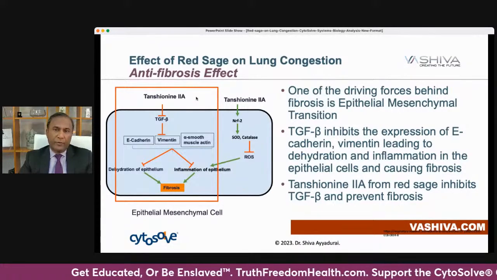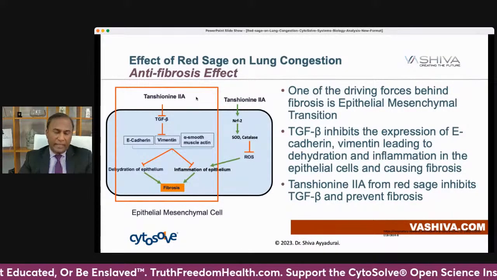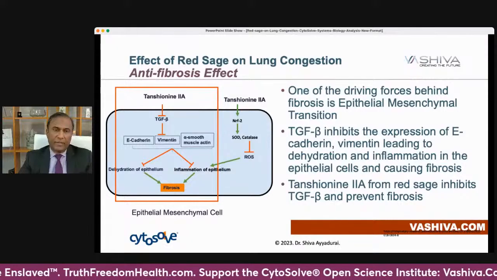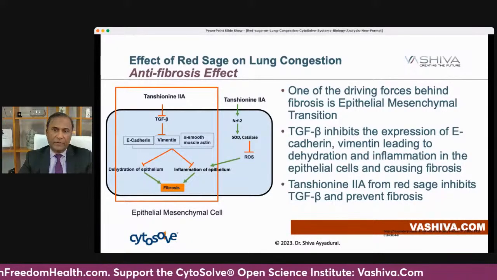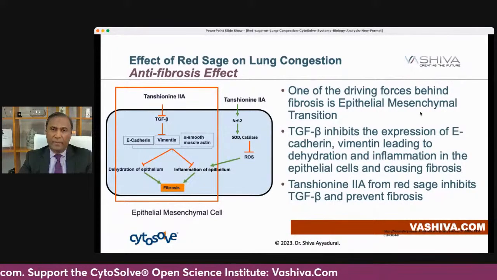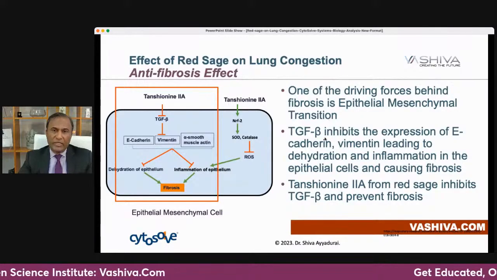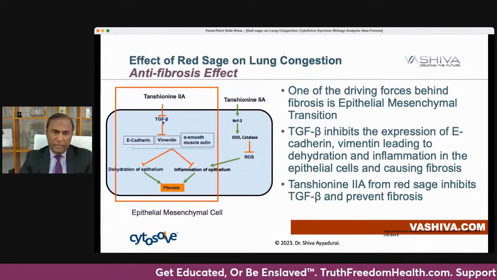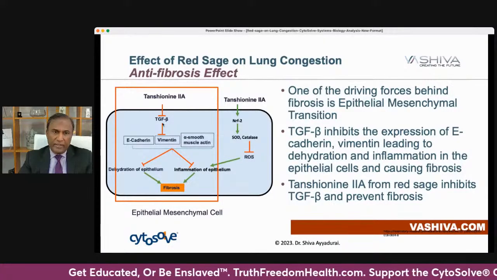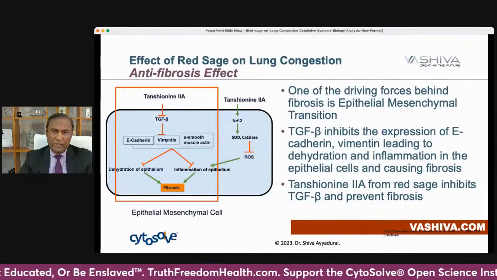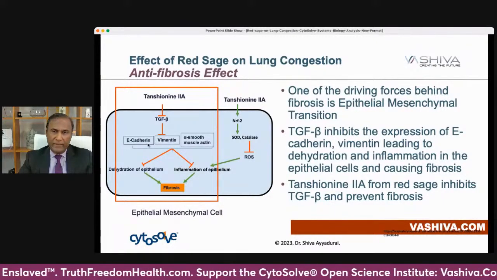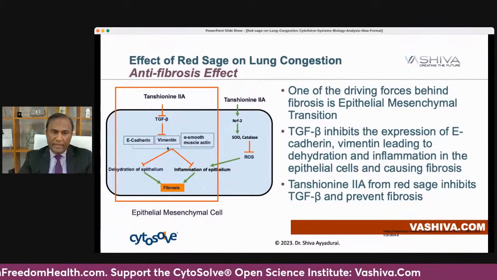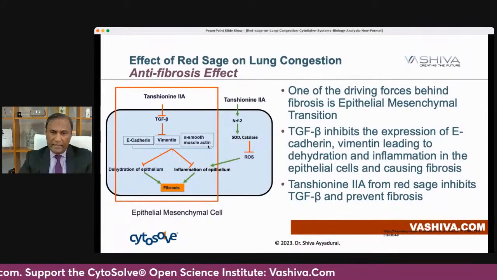One of the driving forces behind fibrosis, which is where you have the scarring, so red sage has an anti-fibrosis effect, is epithelial mesenchymal transition, okay? So when you have TGF-beta, which is one of these cytokines, that inhibits the expression of E-cadherin. So if you have TGF-beta, when you have lung congestion, that blocks the expression of E-cadherin, okay? Vimentin and alpha smooth muscle actin, okay?